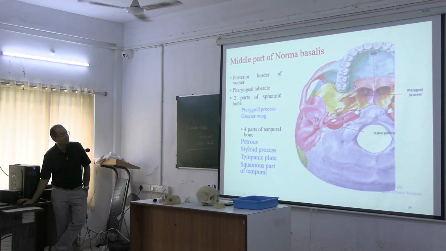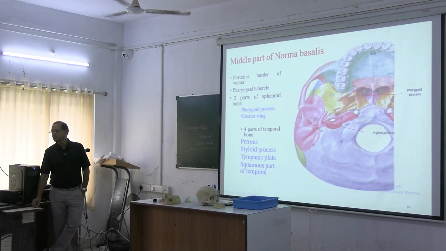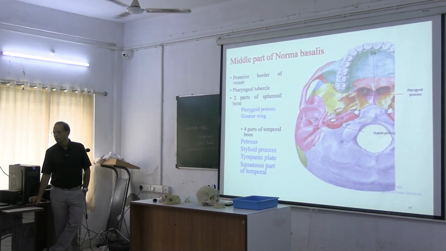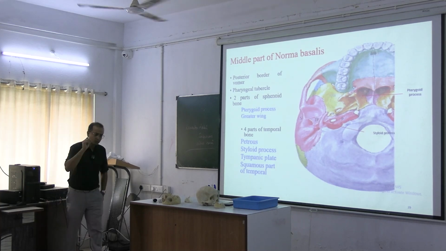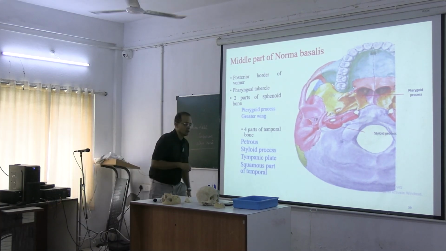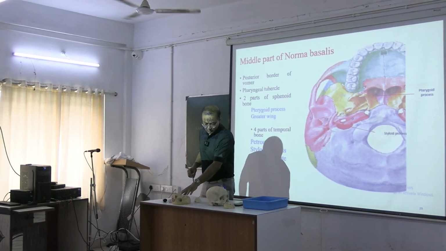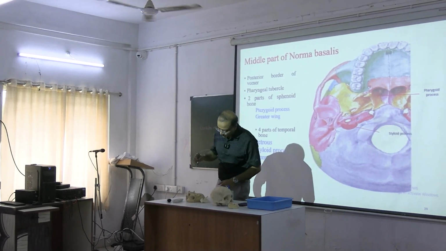In between we have a tiny opening, a very small narrow opening, between the styloid process and the mastoid bone. We call it the stylomastoid foramen.